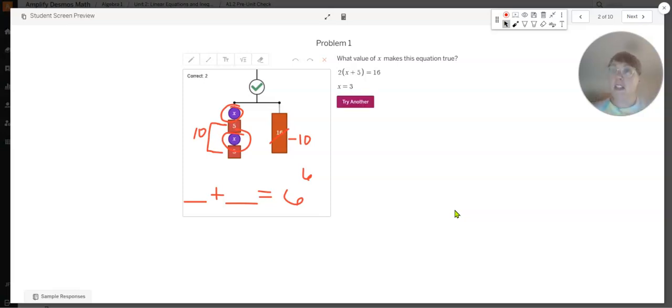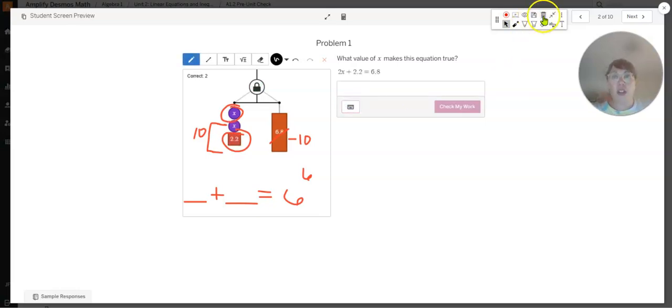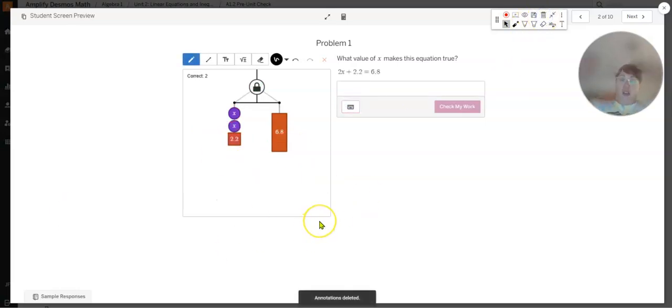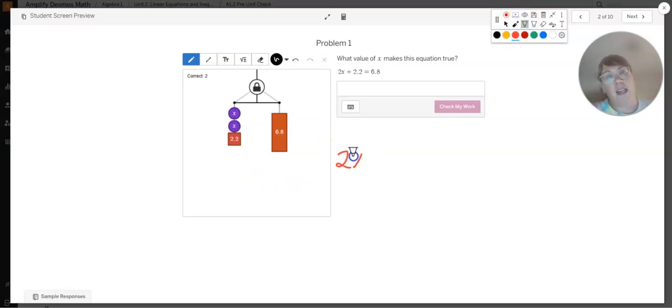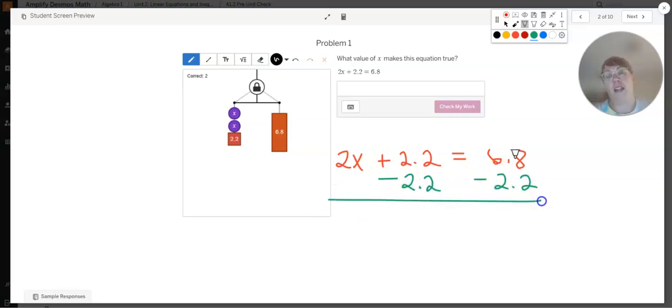Now, we can think about these visually and think about the balance, but we can also solve these using algebra. So on the left, we have 2x plus 2.2, and we want that to be equal to 6.8. So what we can do is do the opposite operation and subtract 2.2 from both sides.